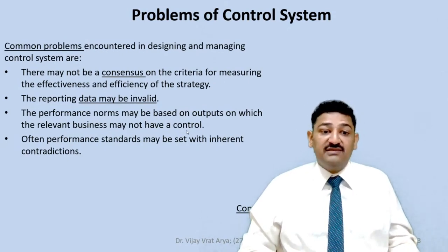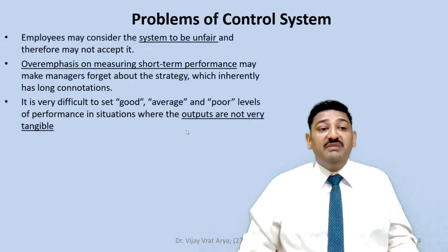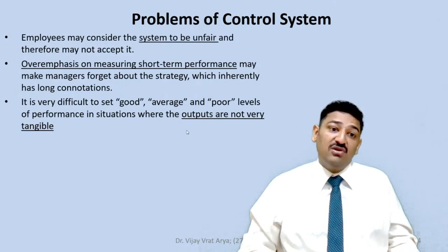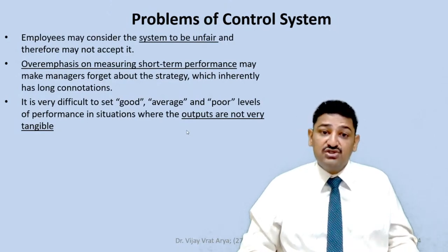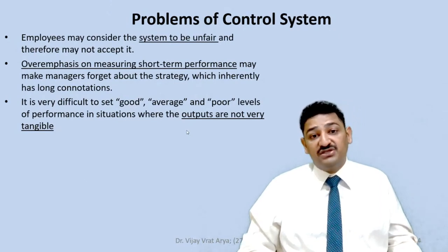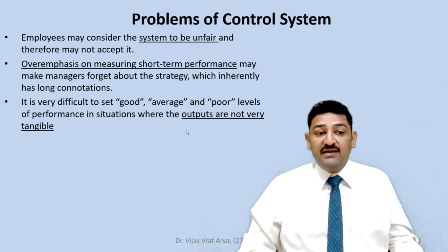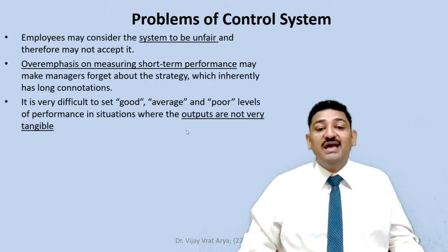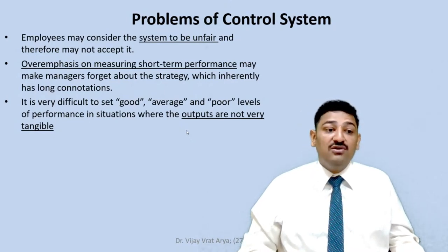Often performance standards may be set with inherent contradictions. Employees may consider the system to be unfair and therefore not accept it. There may be an overemphasis on measuring short-term performance, which may make managers forget about the strategy, which inherently has long-term connotations. And sometimes it is also very difficult to set good, average, or poor levels of performance in situations where the outputs are not very tangible.